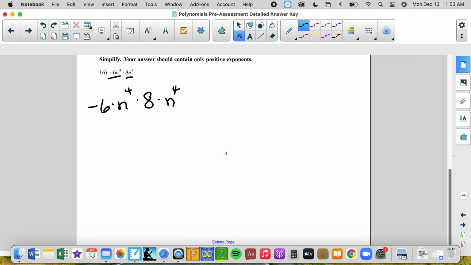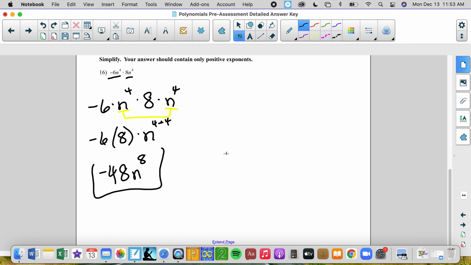So we're going to always combine these constants. We have negative 6 times 8, and then because we have like bases, we're only concerned about their base, not their exponents. When we multiply like bases, we add their exponents. So this gives me negative 48 n to the 8th. That would be the answer to number 16.